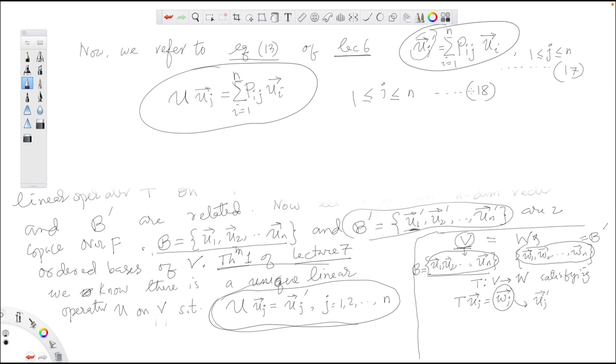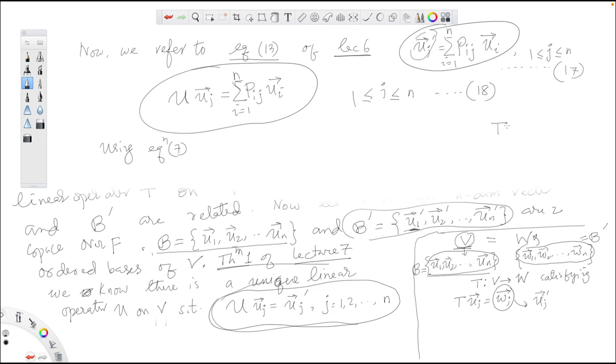So now using equation 7, remember what equation number 7 was. Let me write it for you.